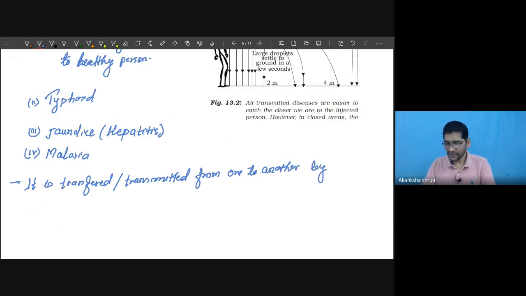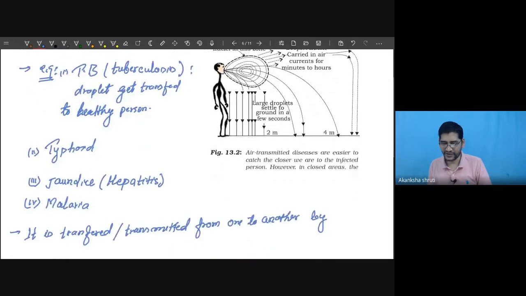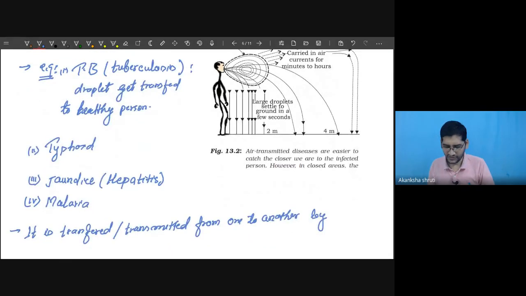In the first case, TB, it is the small droplet that goes into the air, and that air is taken by the healthy person, who will also suffer from tuberculosis.